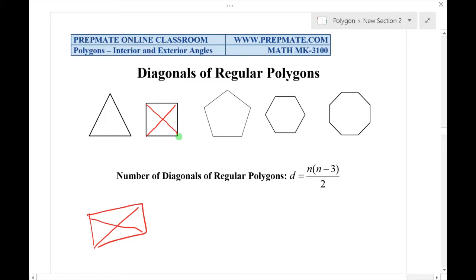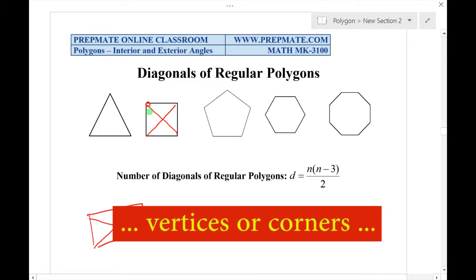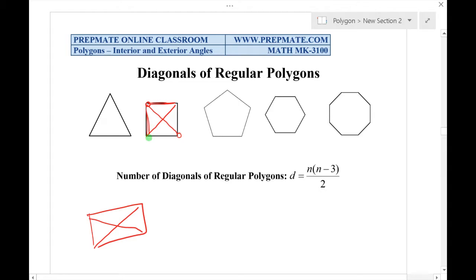So a diagonal is nothing but a straight line that connects one edge to the other possible edge, except that it cannot be a side like this.